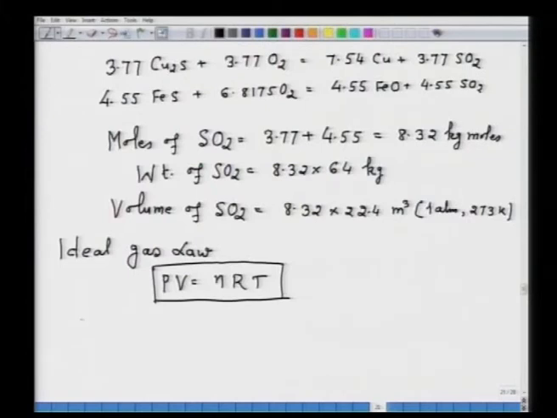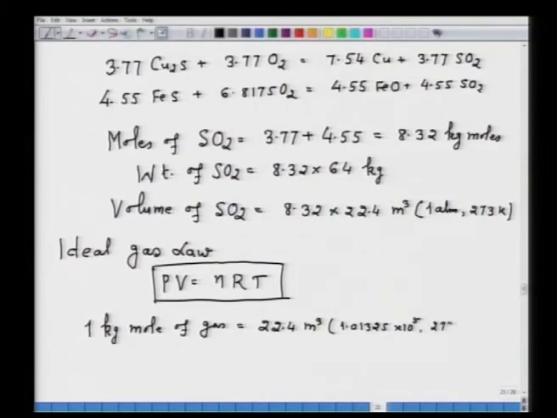Now, here we can say 1 kg mole of gas is equal to 22.4 meter cube at 1.01325 atmosphere, that is 10 to the power 5 Newton per meter square, and 273 Kelvin.